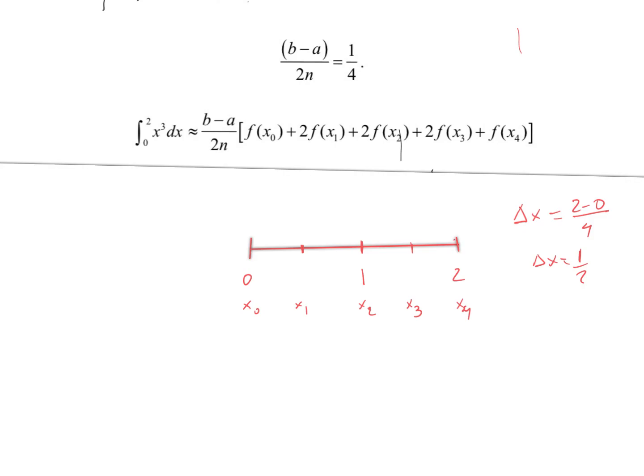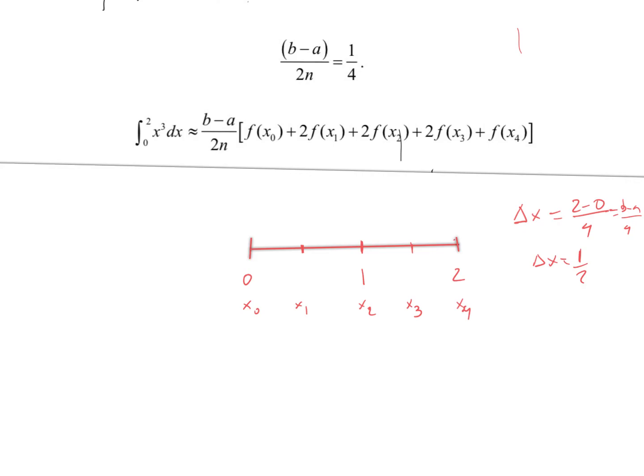The width is 2 minus 0, and I divide it in 4 parts. So every part, delta x, will be 2 minus 0, b minus a, divided by 4. So it will be 2/4, that is 1/2.